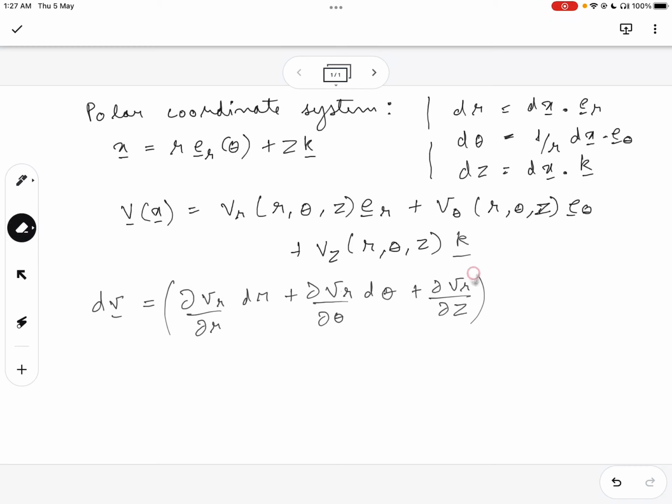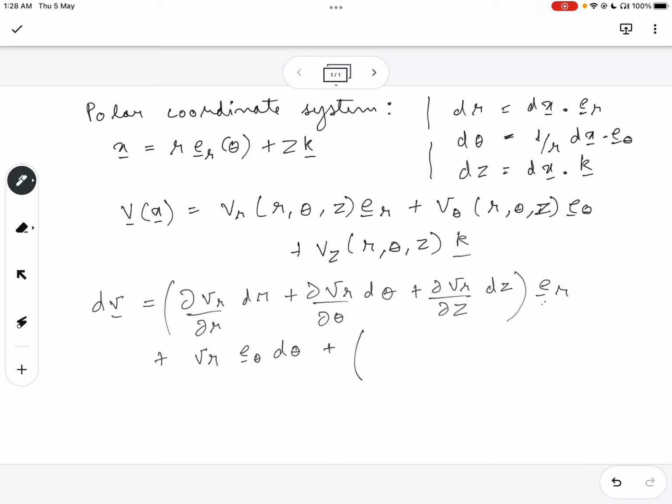Then we add vr e theta d theta. This comes from differentiating the unit vector er, because it is a function of theta.